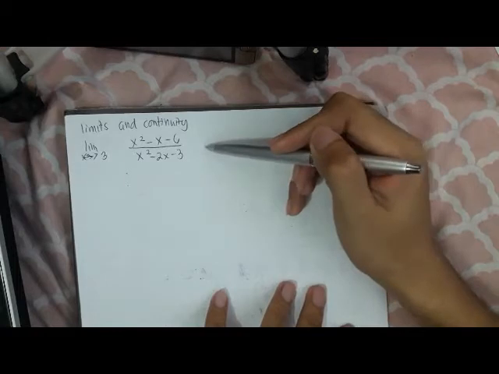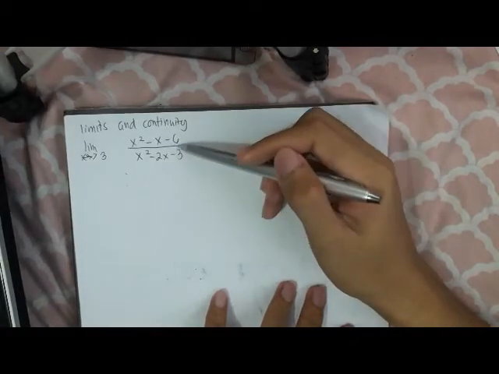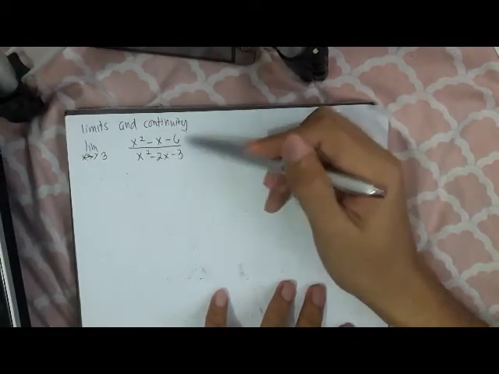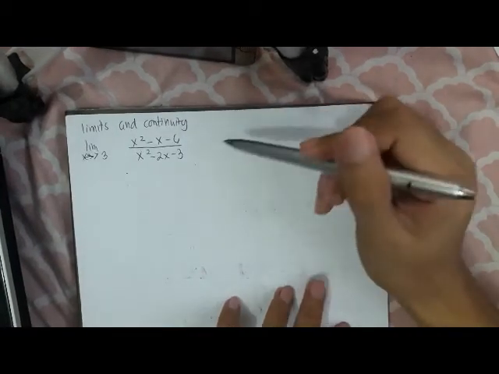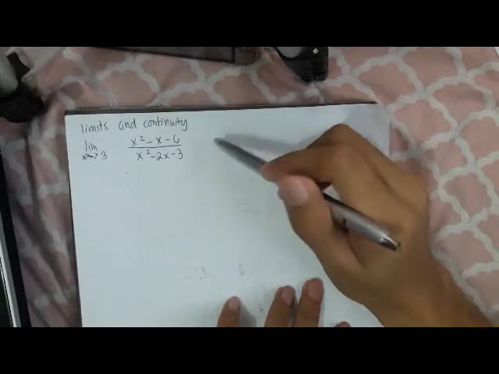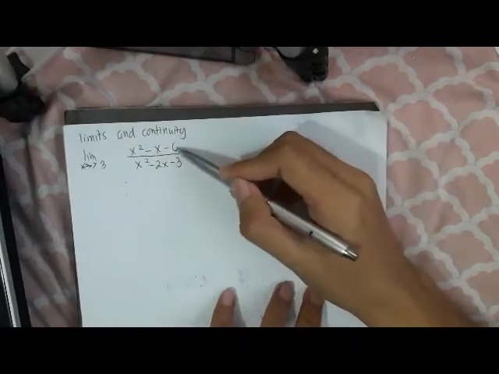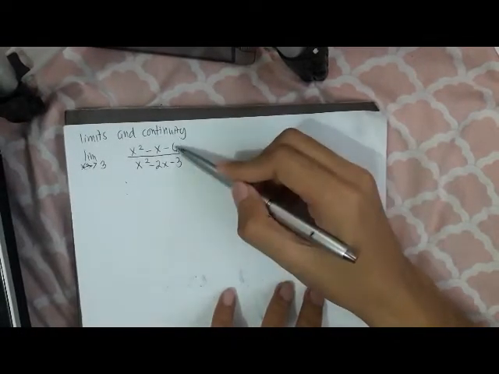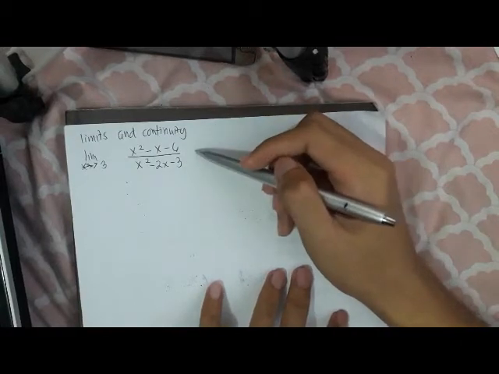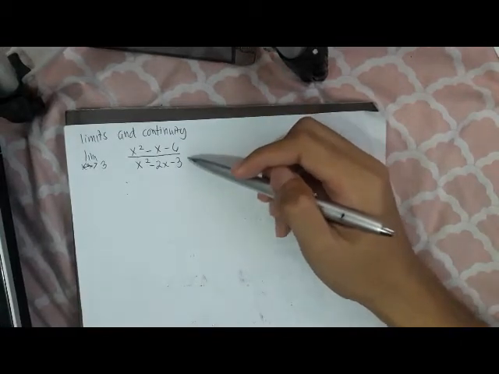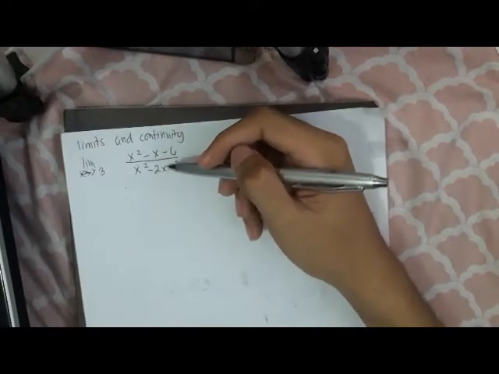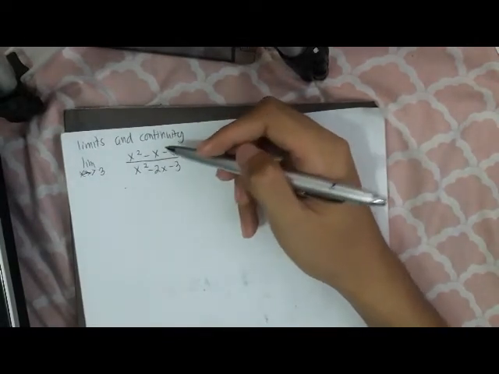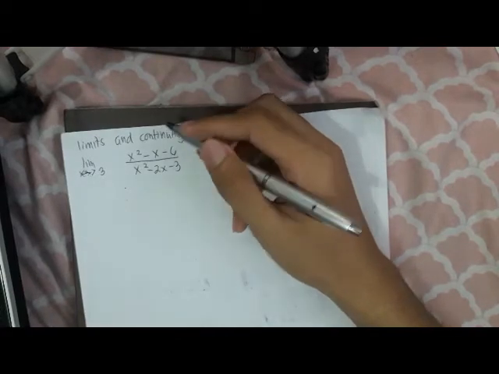Pero, bago natin i-conclude na hindi siya defined o doesn't exist, merong special solution or paraan para hanapin ang limits ng function na ito. Titingnan muna natin kung meron ba tayong factor sa function na ito.